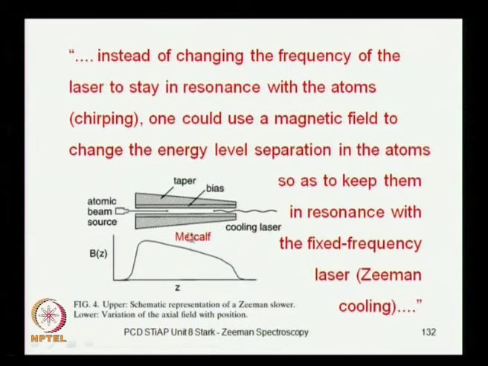And using the Zeeman effect, you know that there is a mu dot B coupling, and that is proportional to the magnitude of the applied field, and that is something that you can control, and that will give you control on the spacing between the energy levels, which is what you want to optimize to enable the cooling cycle.